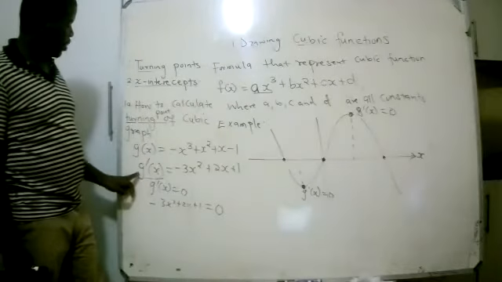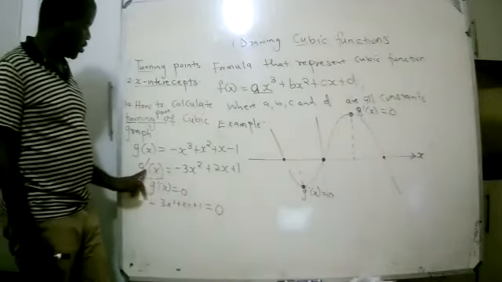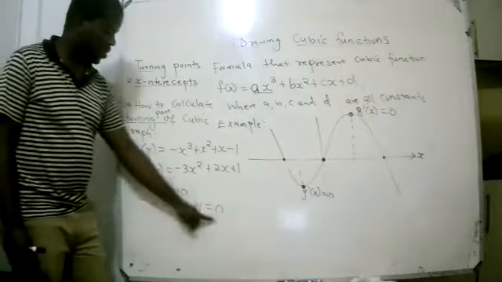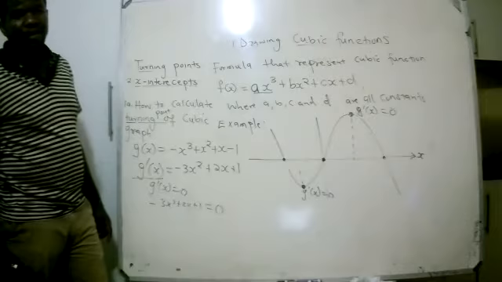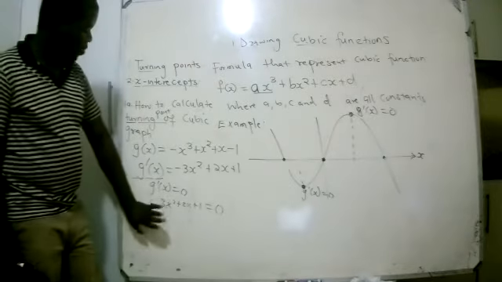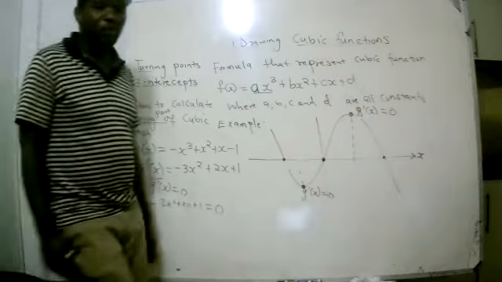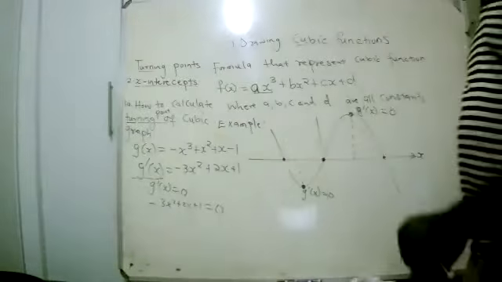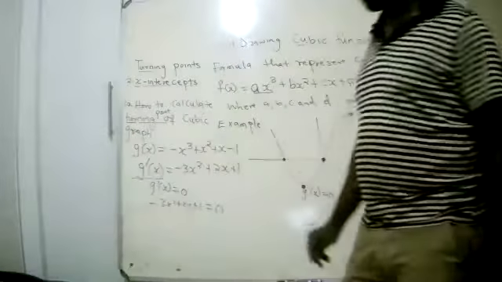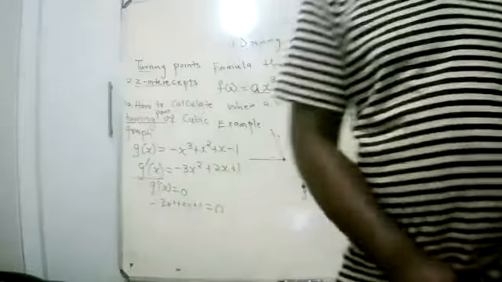Hence, where we have g prime x, we substitute 0. And once we substitute 0 here, we're going to have this expression we have down there. Is that okay? Yes. All right, wonderful. So from here, I believe you can attend to that. Can any one of you tell me what we can do in order to find the values of x from that equation we have down there?